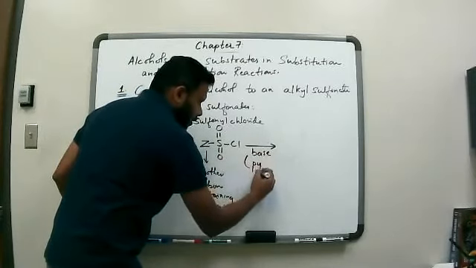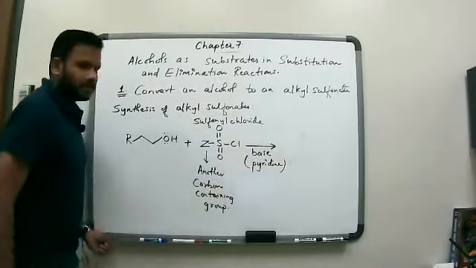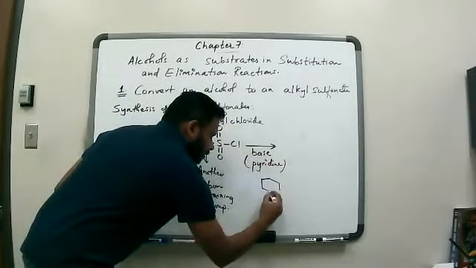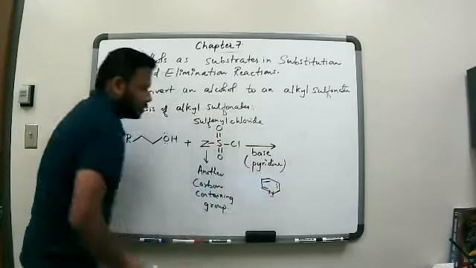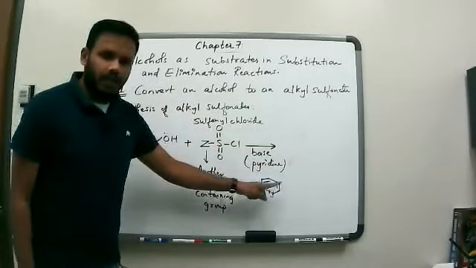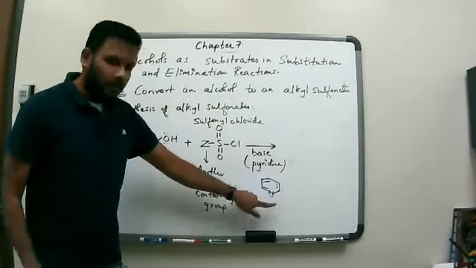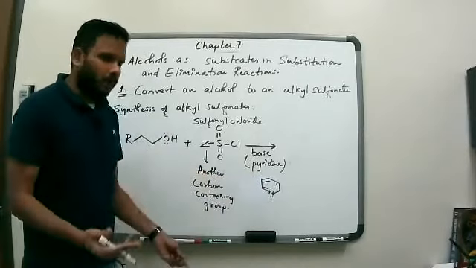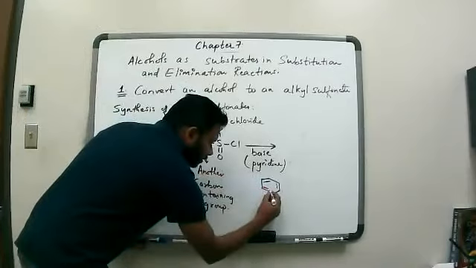The most common base used is pyridine. Pyridine is this molecule here, a 6-membered nitrogen containing ring compound, and it's aromatic. We don't know any of those terms, but it's pretty much like benzene, substituting one carbon with a nitrogen atom.